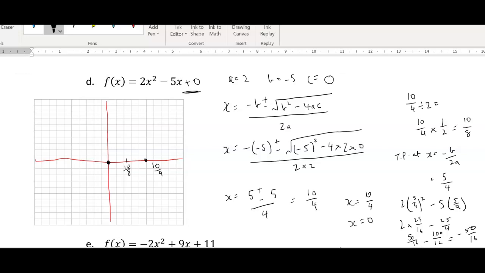And then ideally we should simplify that, but I'm running out of room. So how many times does 16 go into 50? So we've got 1, 2, 3. So I'm just going to do it down.